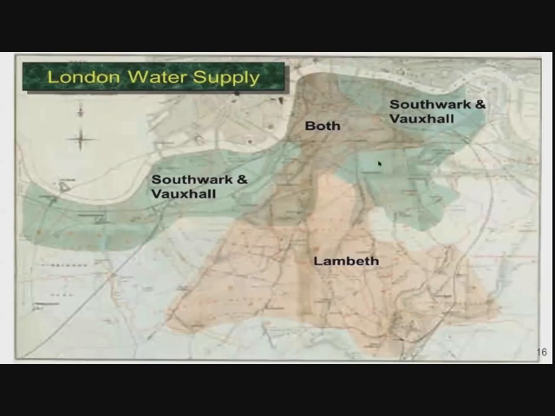Because as we will see soon, if you choose all of the households in this area, we know that some of those households are going to receive water from SMB, and some others are going to receive water from Lambeth. What's important is that we can generally assume that households in this overall area share most of the other characteristics very similar to each other, except that some of them are receiving water from one and the others are receiving water from the other company.